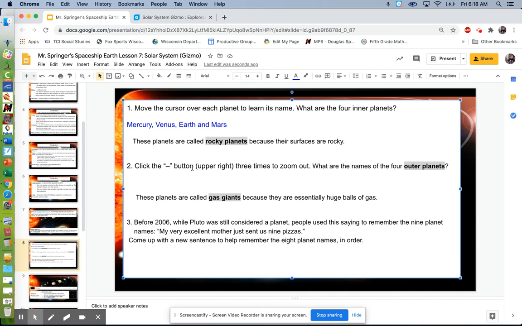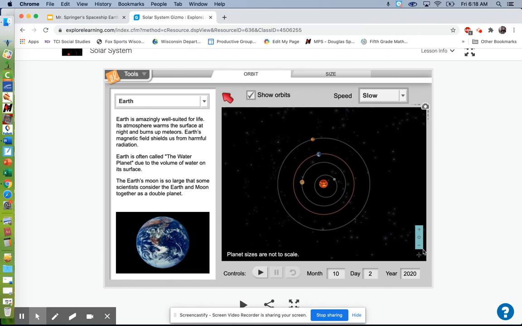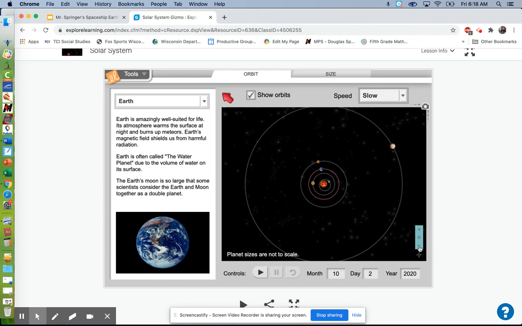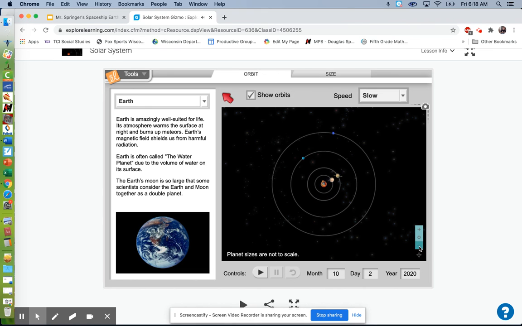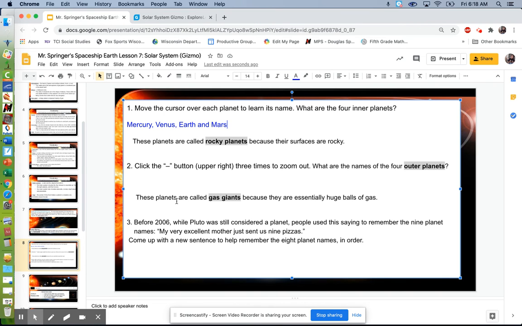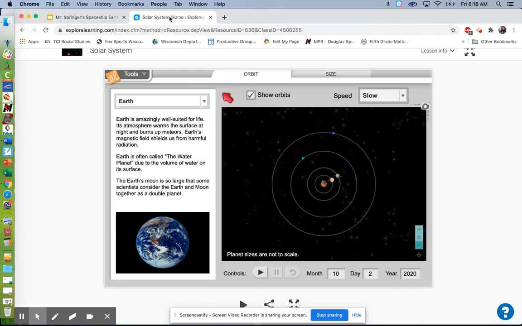Click the negative button, upper right, 3 times to zoom out. What are the names of the 4 outer planets? So I'm going to go back. The negative button, 1, 2, 3. Was it 3 times? I better go look. 3 times. So I'm coming back.